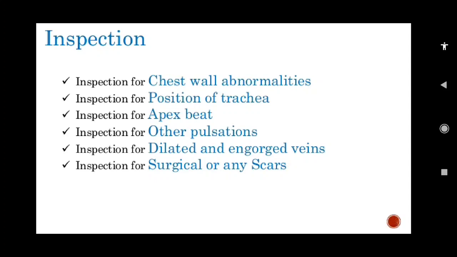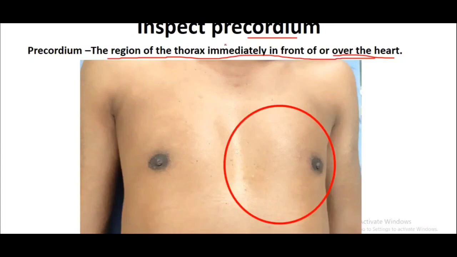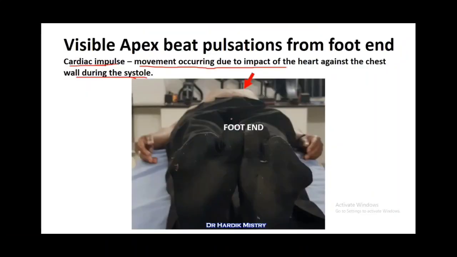So for these things we have to see or observe in the precordial examination, that is inspection. So from the foot end we can see the apex beat pulsations and observe it.